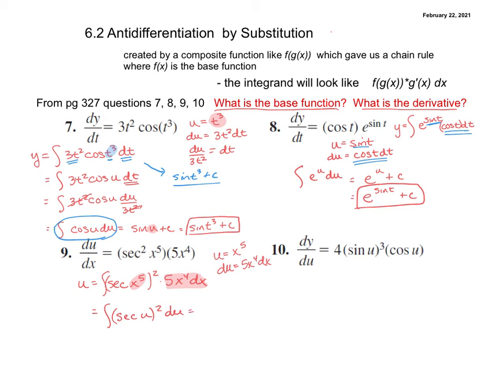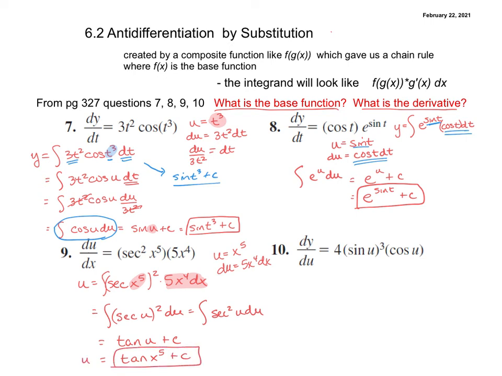This is the integral of secant squared u du. And we know that the derivative of tangent is secant squared, so the antiderivative of secant squared is going to be the tangent of u plus c. And since u is x to the 5th, it's going to be the tangent of x to the 5th plus c. And that's my answer.